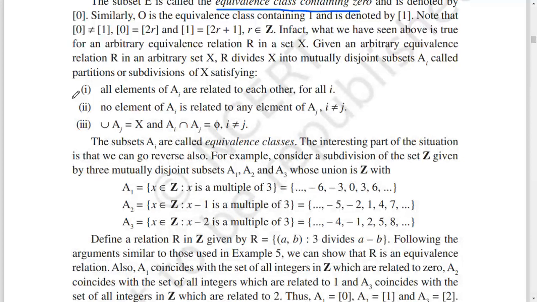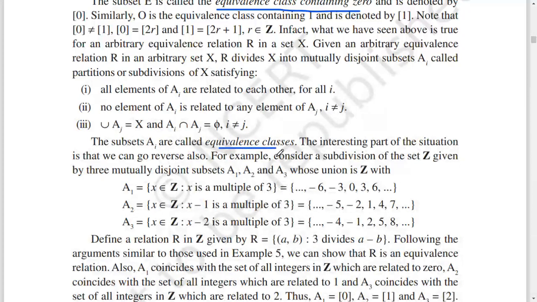No element of Ai is related to any element of Aj, i not equal to j. 3. Union of Aj equals X, and Ai intersection Aj equals phi, the null set, i not equal to j. The subsets Ai are called equivalence classes.